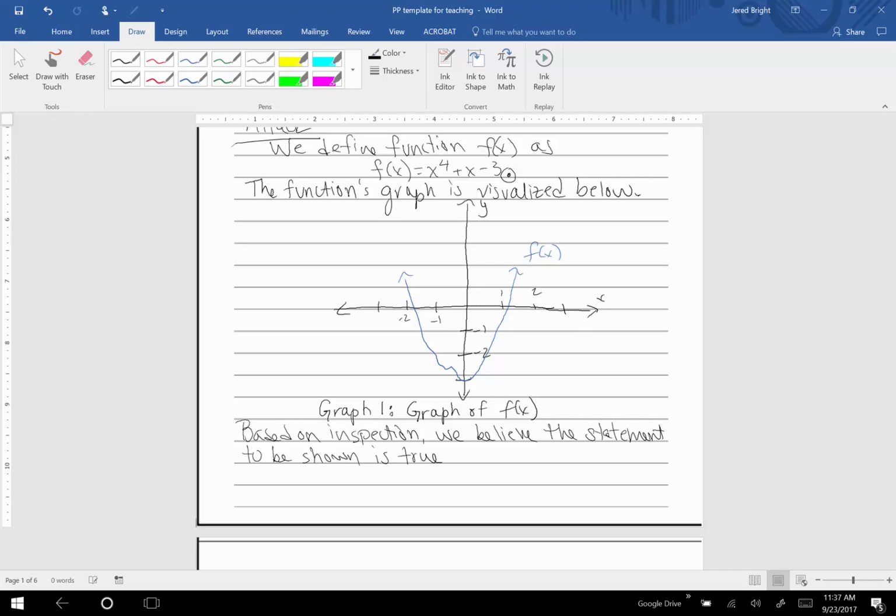I actually want to add something in here, making sure to refer to the graph.